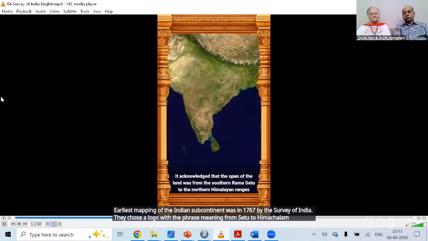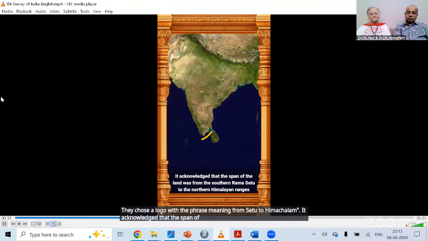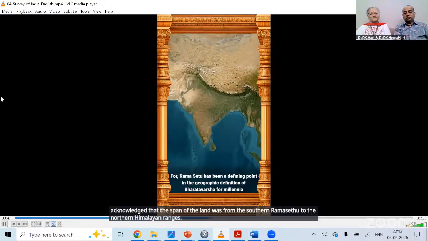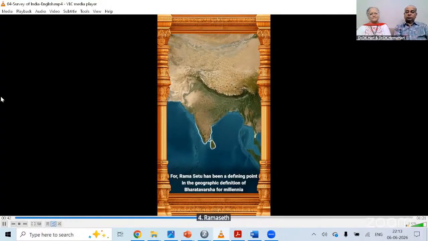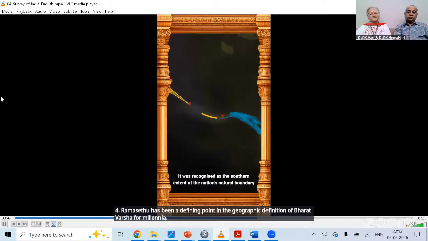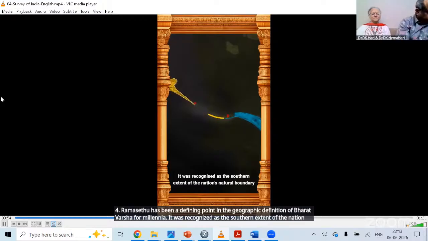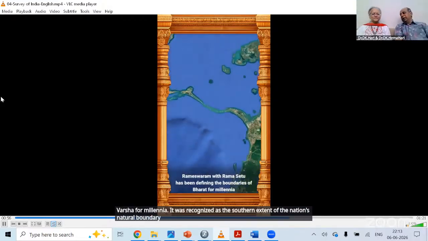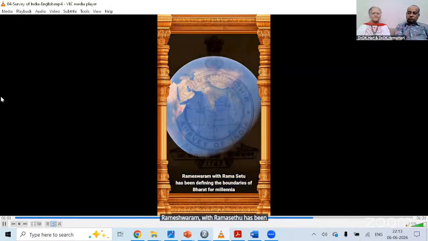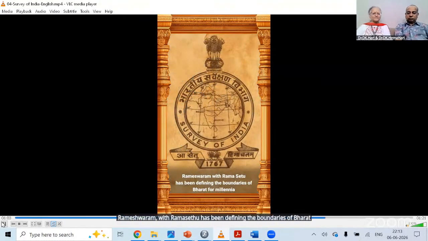It acknowledged that the span of the land was from the southern Ramasetu to the northern Himalayan ranges. For Ramasetu has been a defining point in the geographic definition of Bharat Varsha for millennia. It was recognized as the southern extent of the nation's natural boundary. Rameshwaram with Ramasetu has been defining the boundaries of Bharat for millennia.